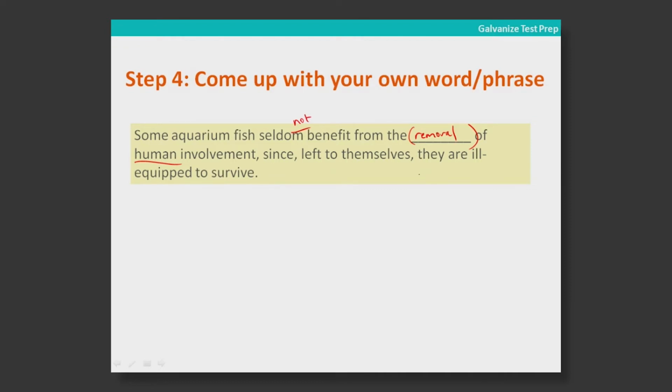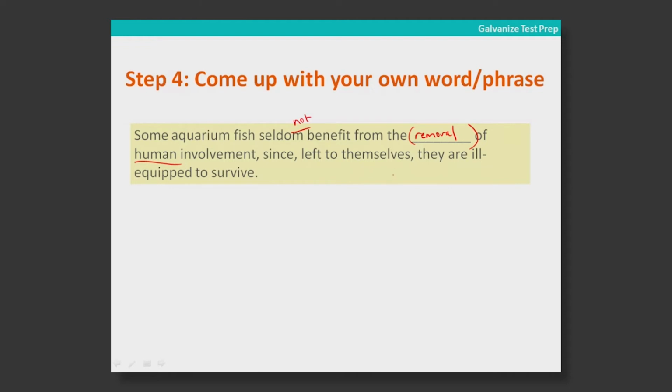So if human involvement suddenly stopped, then they're not going to survive. So here's what we have. They're not going to benefit from the removal of human involvement because if they're alone, they won't survive. This is how you can come up with your own word or phrase for the blank. As we said, it can be something really simple, something really brief, something that basically covers what you want to say, even if it's in your own language.